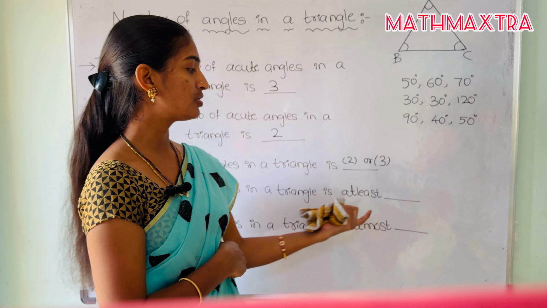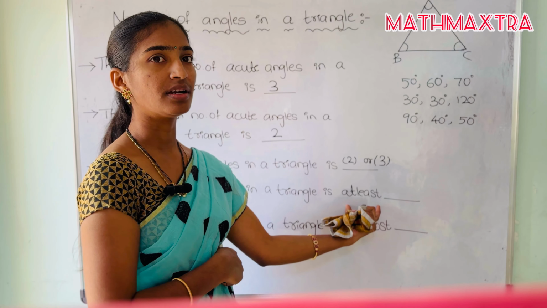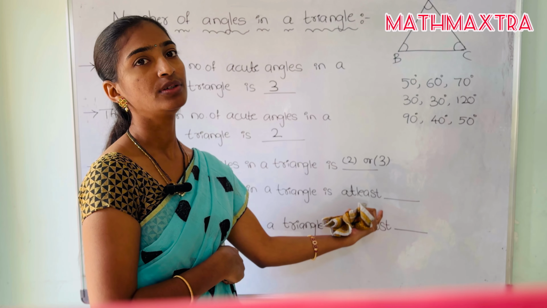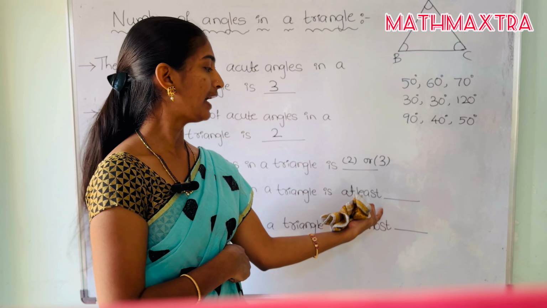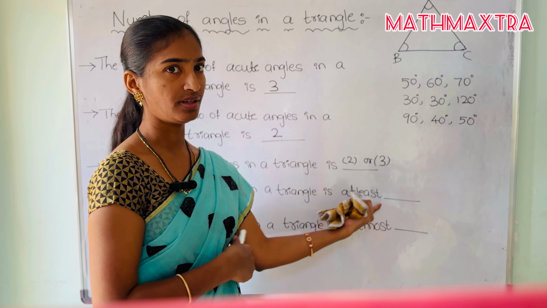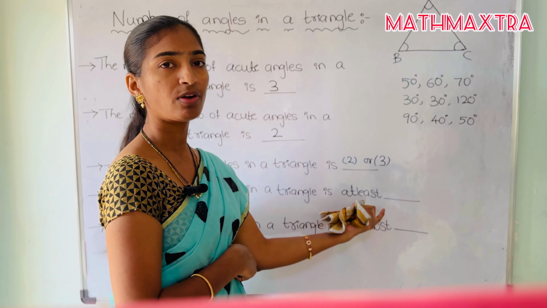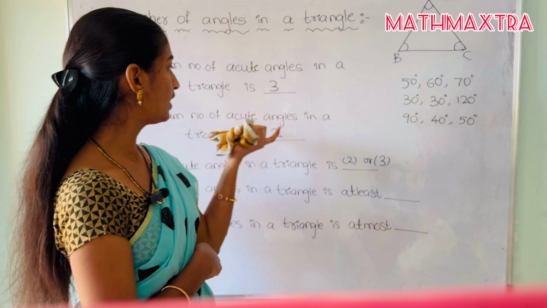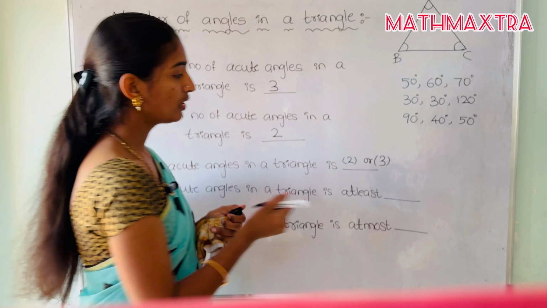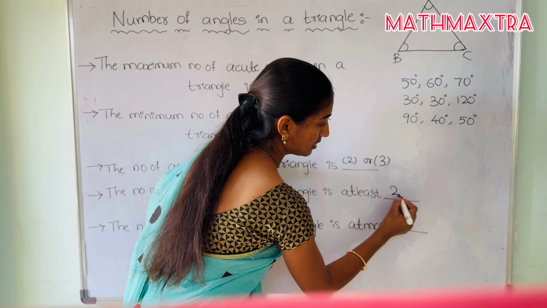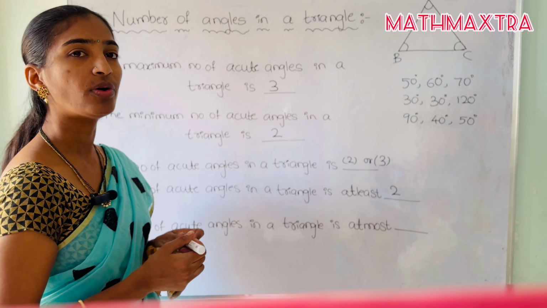At that time also you have to consider the minimum value. How many minimum number of acute angles are possible? We have seen that is 2. So here at least 2 acute angles are possible.